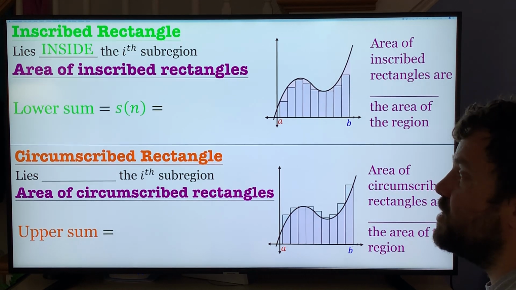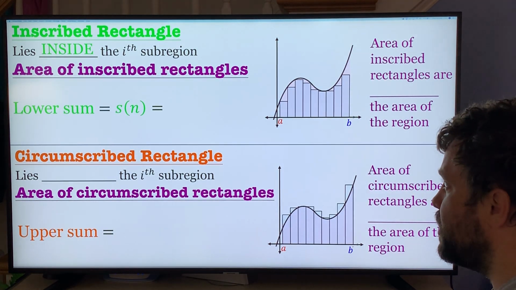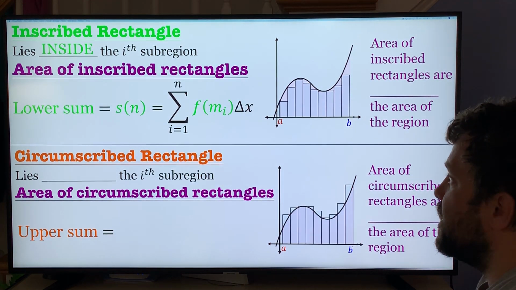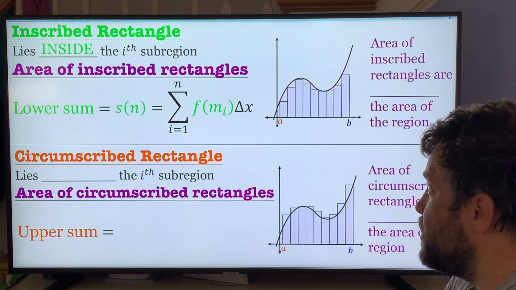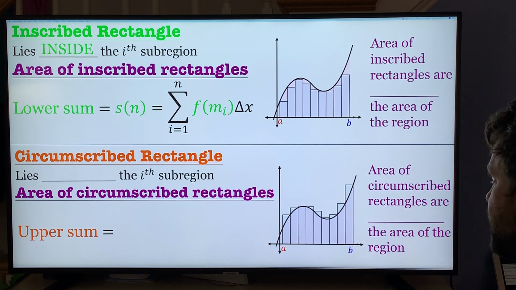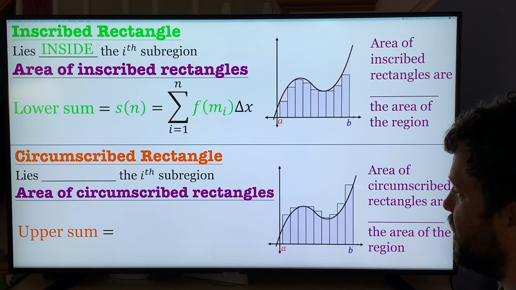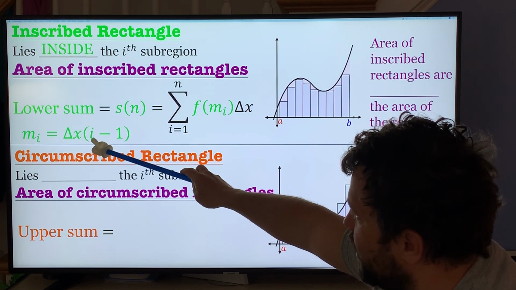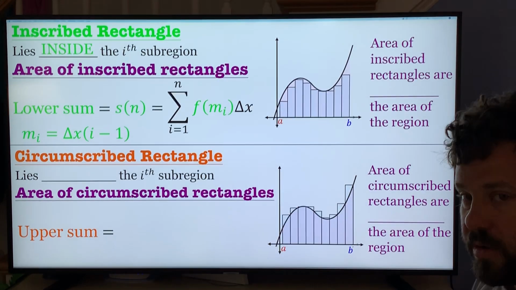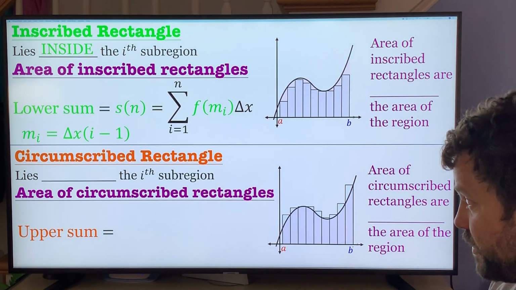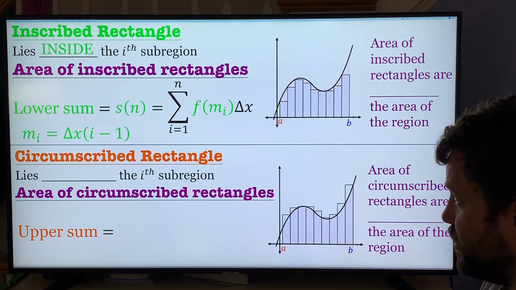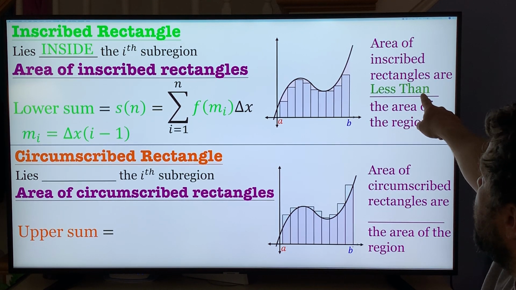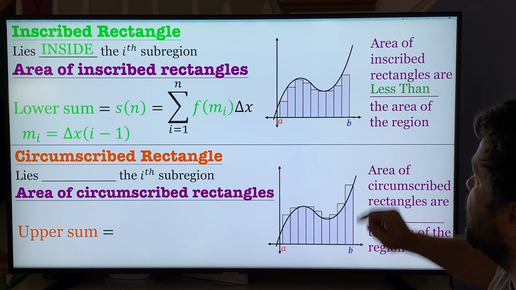The formula is you take the lower sum, the smaller number of the sum, lowercase s of n, and that equals the sum from i equals 1 to n of f of m i delta x. All right? m i is delta x times x i minus 1. Remember how we went over that before? To write the sum, you're using all the things pretty much on the left. Area of this is going to be actually less than the area of the whole region.